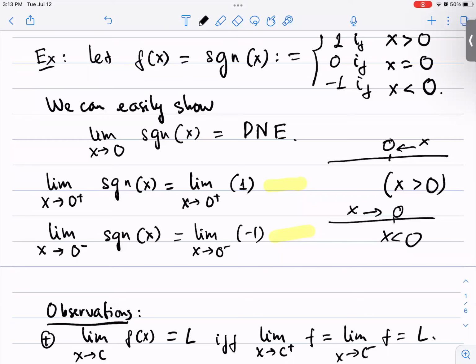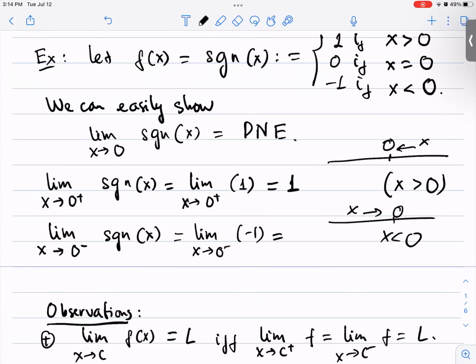For example, if we consider x approaching 0 from the right, then x here is always greater than 0. That's why the sign of x is always equal to 1. So the one-sided limit here equal to the limit of 1 when x approaching 0 from the right, and this is equal to 1.